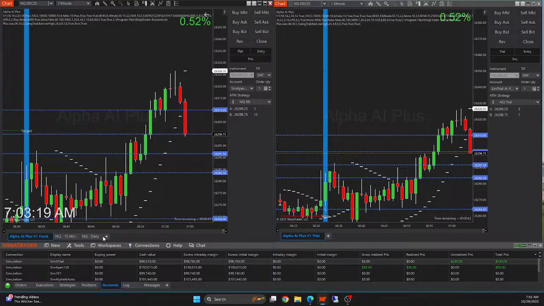Pullback now. Do we have any 15 areas here?